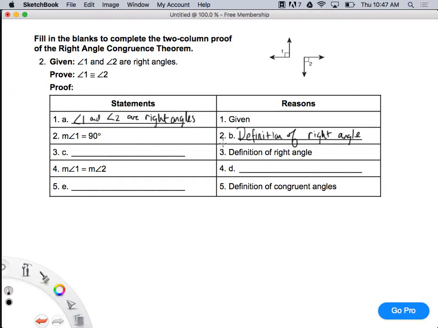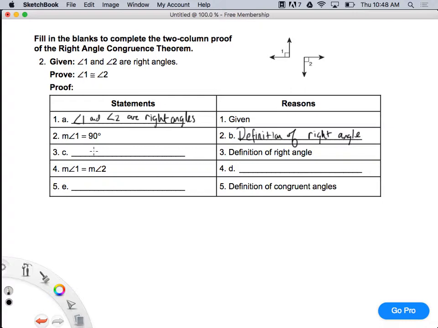Then the next one says the reason is the definition of a right angle, but I'm not given the statement. What's the only other statement I can make? That angle 2 is a right angle. I know that angle 1 is 90 degrees, but what do I know about angle 2? It's also 90 degrees, and I know that by the definition.